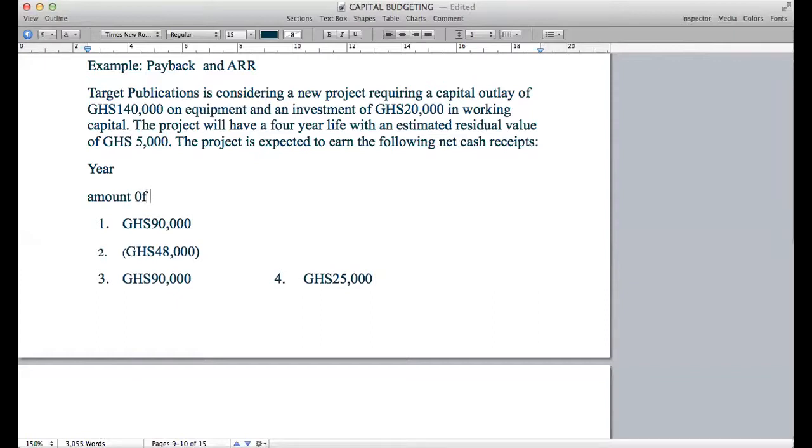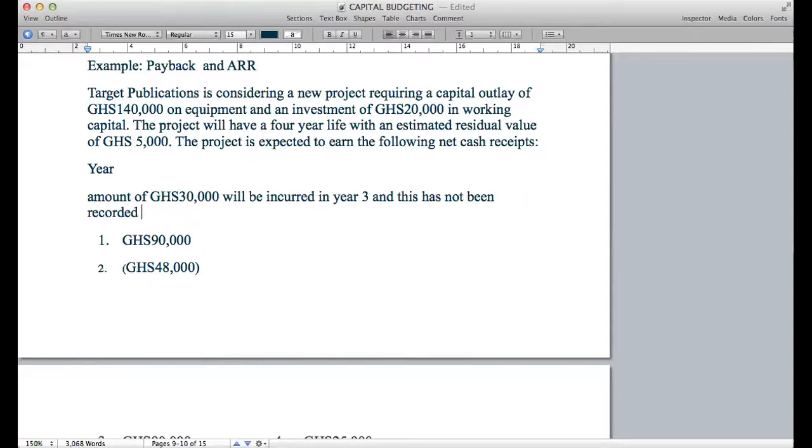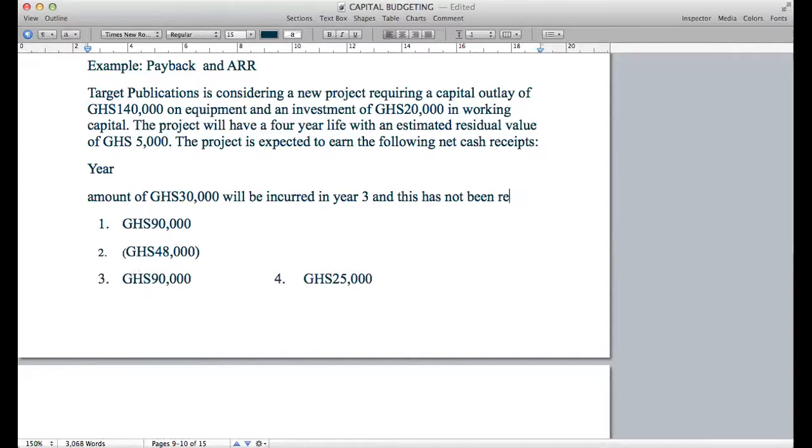An amount of 30,000 Ghana cedis will be incurred. This has not been recorded.